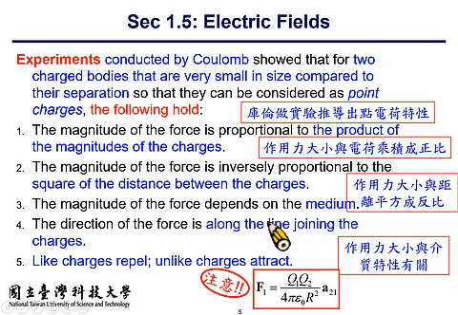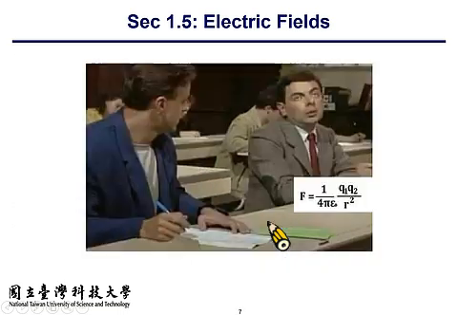I suppose you already know that the electrical force is aligned with the vector that links the two charges. And the fifth thing that I already mentioned: like charges repel, unlike charges attract.